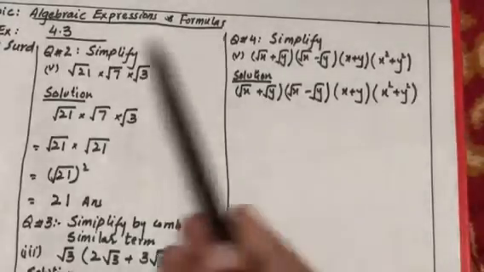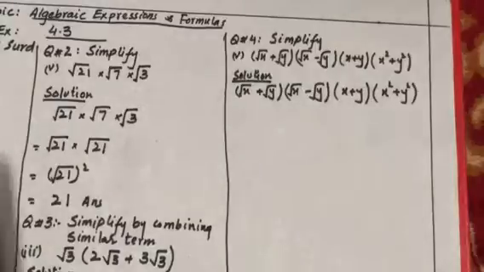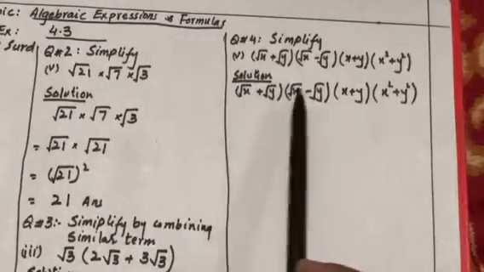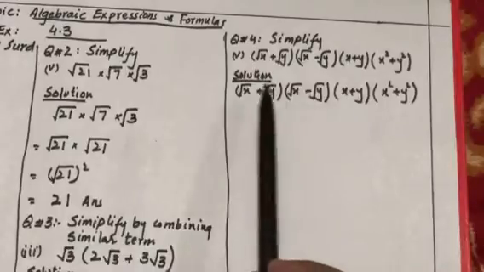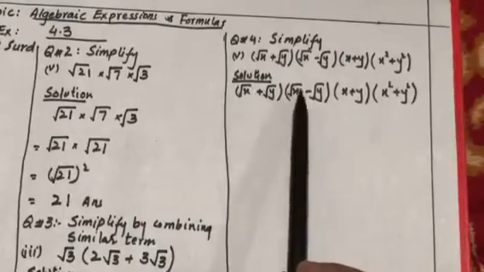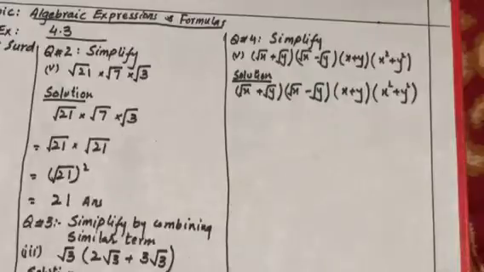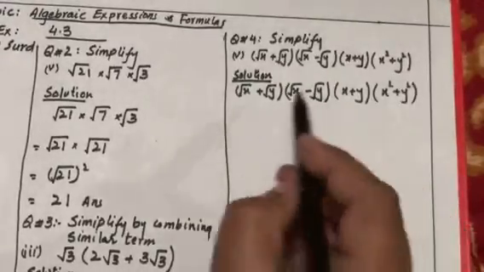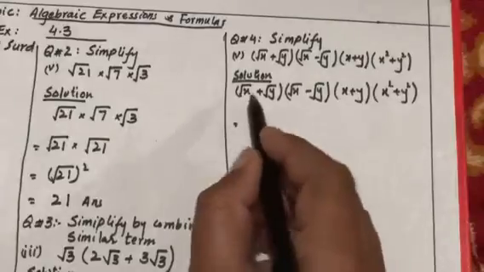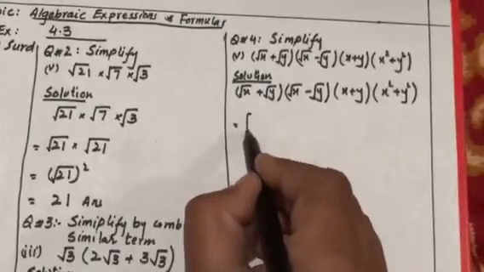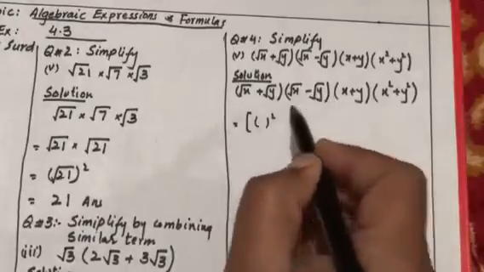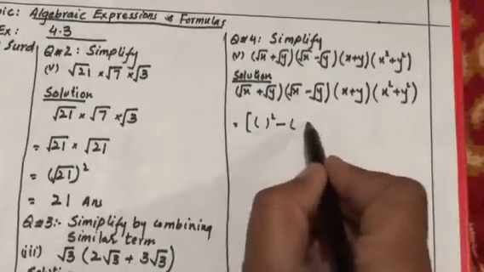All the numbers are multiplying each other. If we observe that both the values are the same but their signs are different, so we can apply the formula (a + b)(a − b). By using this formula, we will simplify it, so (a + b)(a − b) becomes a² − b².